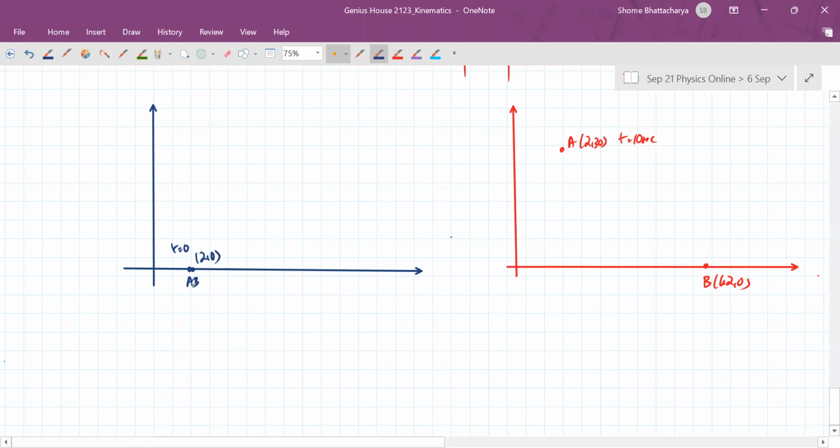So at t equal to 0, the position of A with respect to B is 0, since A is where B is located. But at t equal to 10 seconds, you can see the position of A with respect to B has become this vector, which is minus 40 i cap plus 30 j cap.